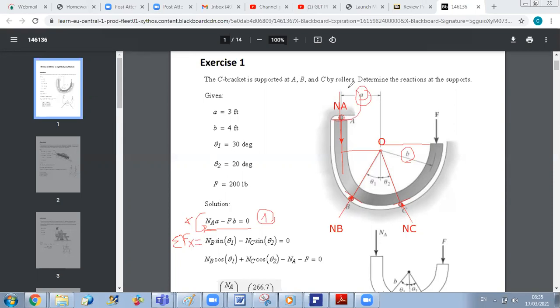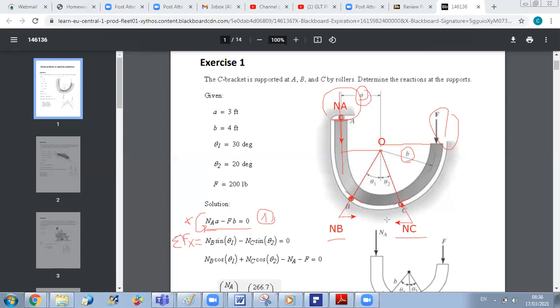NA is only along y, no component along x. F also only along y. So I have the components of NB and NC. I should project NB and NC along x. So this is the projection of NB along x. This is the projection of NC along x. You can see that NB has a positive projection along x, while NC has a negative projection along x.